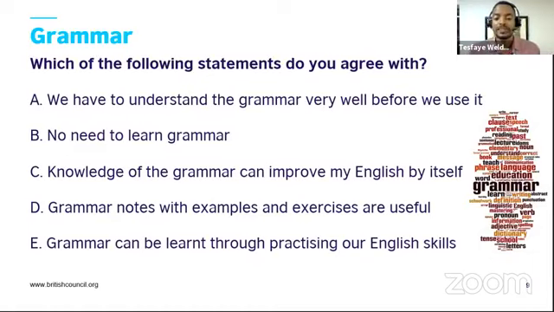Knowledge of grammar can improve my English by itself. Grammar notes with examples and exercises are useful, are they? Grammar can be learned through practicing our English skills. Can it be learned through practicing the English skills such as reading, writing, speaking, and listening?